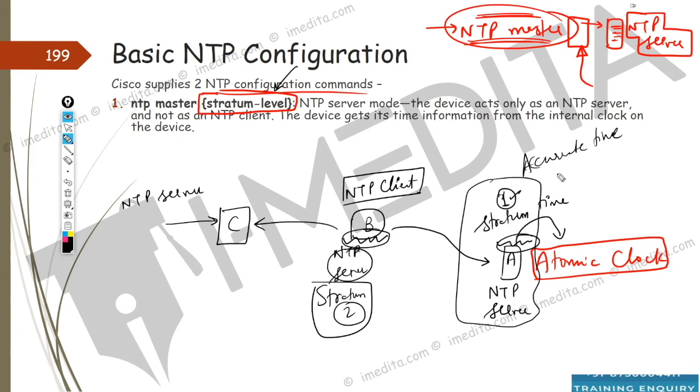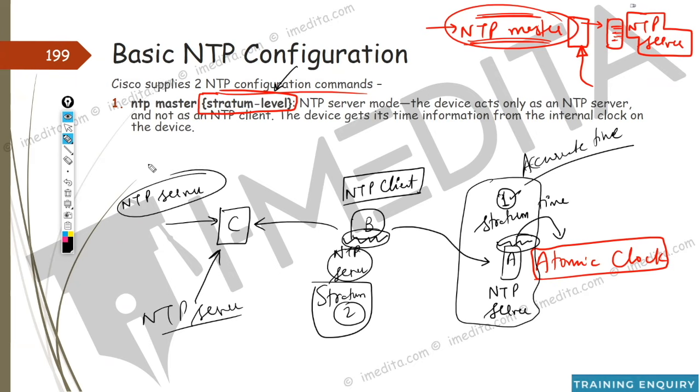The main aim is to ensure that devices which are acting as NTP client, when they pull time from somewhere, should know which device is more accurate. So if I configure that C device with multiple NTP servers, and one of the devices that I'm telling is a Stratum 2 device, another is a Stratum 4 device, it will prefer a Stratum 2 device.